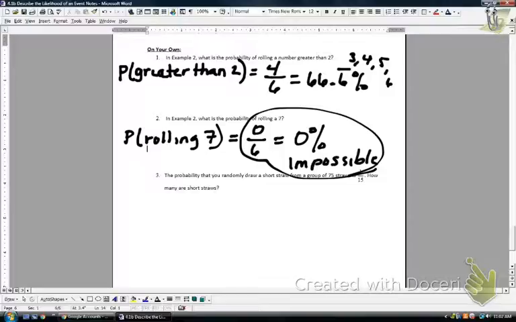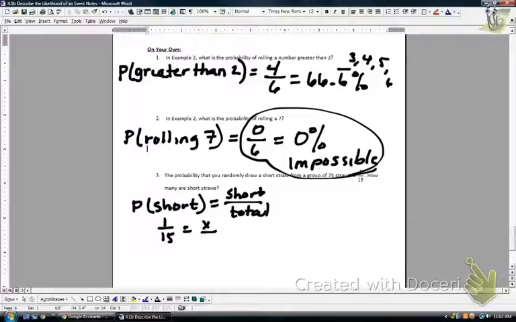Okay, then the last one says the probability that you randomly draw a short straw from a group of 75 straws is 1 out of 15. How many short straws are there? So probability of a short straw equals short out of total. My probability is 1 out of 15.